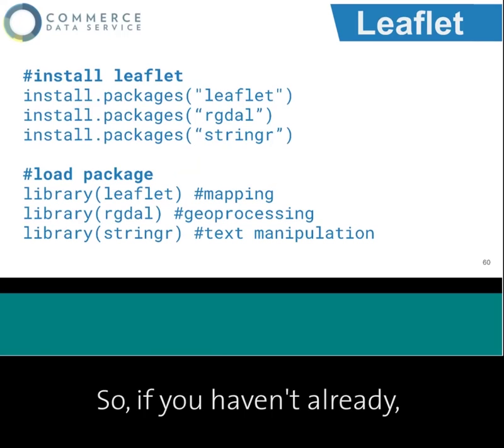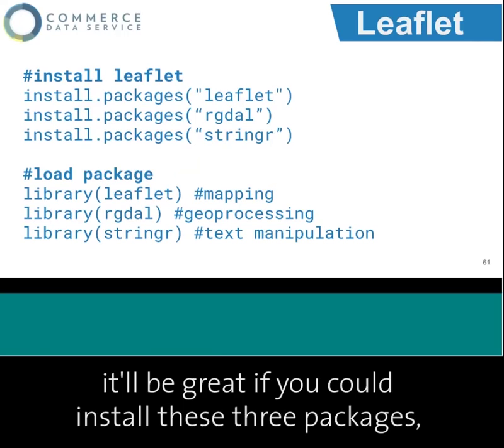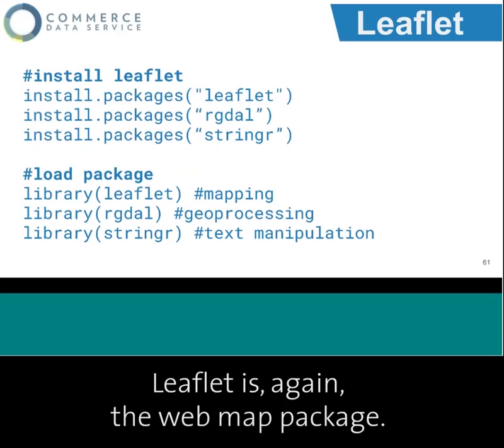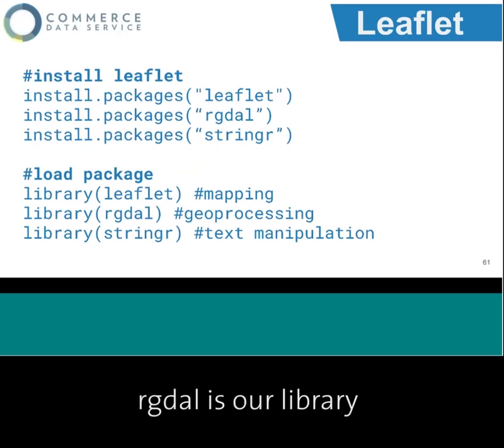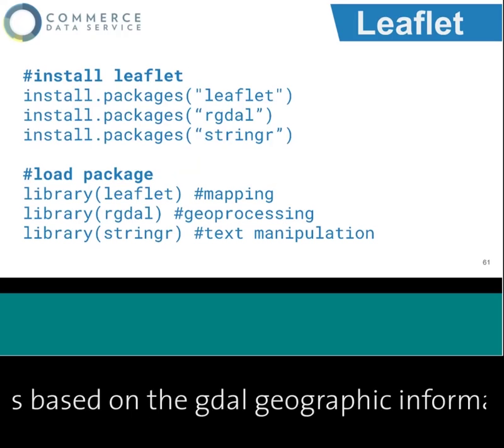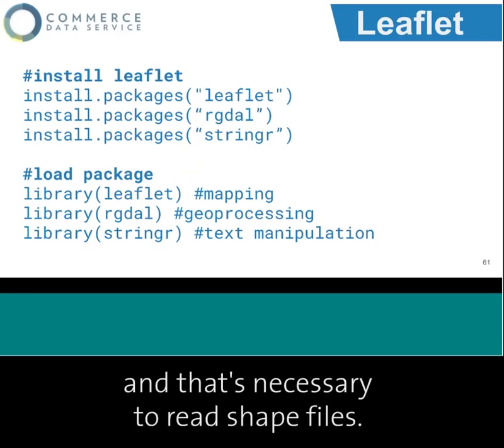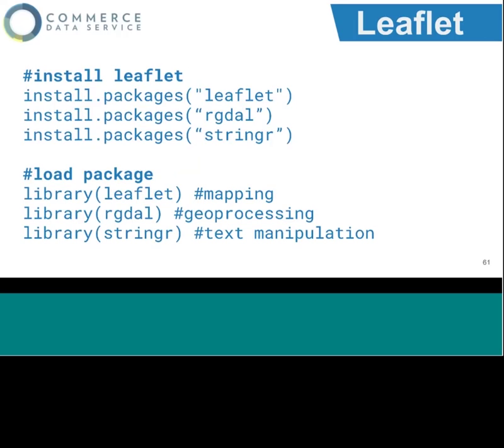So if you haven't already, it would be great if you could install these 3 packages and load them up. Leaflet is, again, the web map package. rgdal is our library that is based on the GDAL, geographic data abstraction library, and that's necessary to read shapefiles.